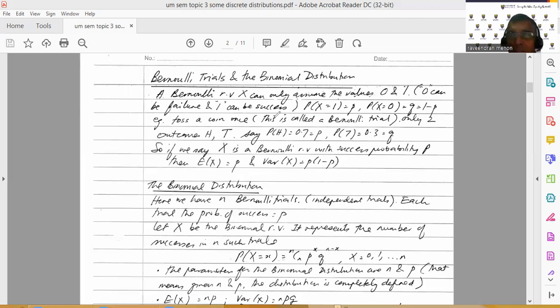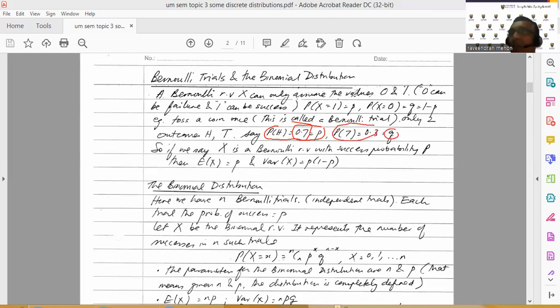And so the probability of getting tails must be 0.3, and we'll call q equals 0.3.